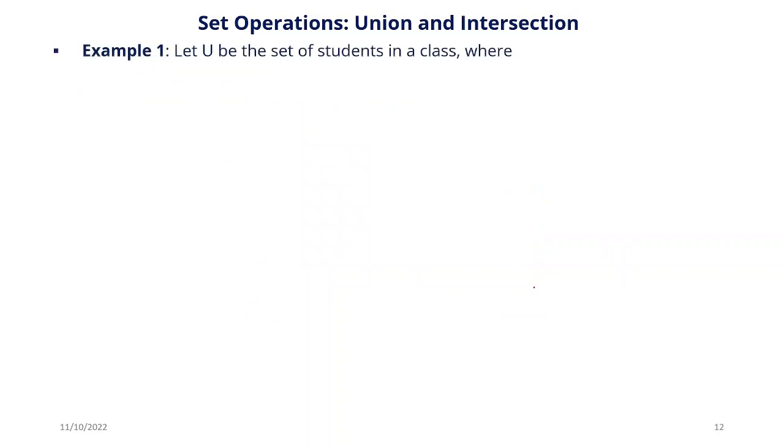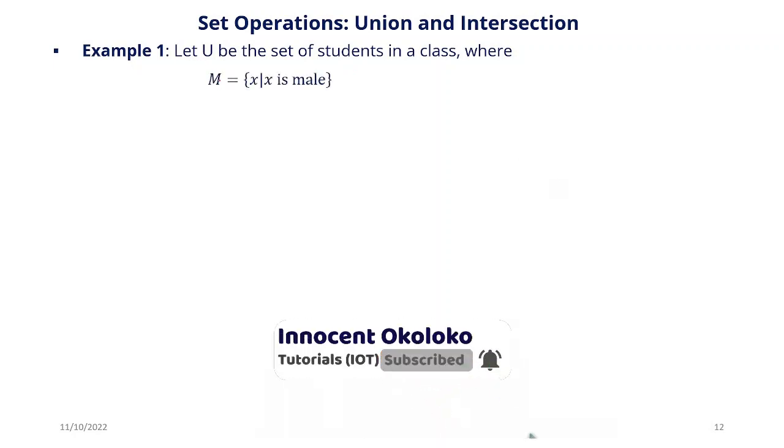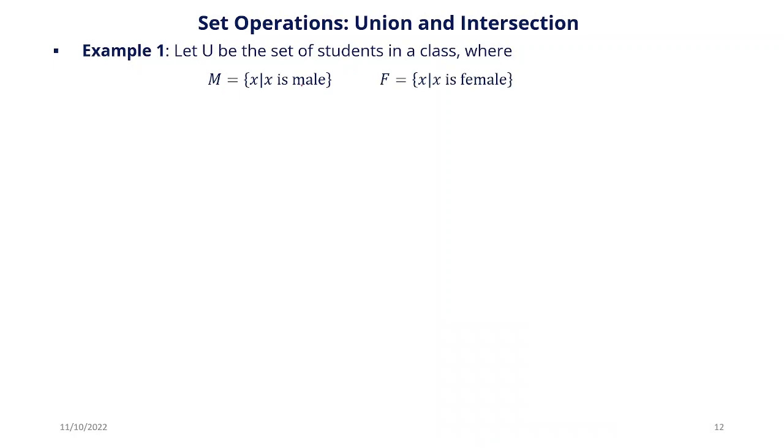For example, let U be the set of students in a class, where M is the set of male students and F is the set of female students. So we say the union is M union F, and you can guess what that will be: the total class of all the male and female students coming together.